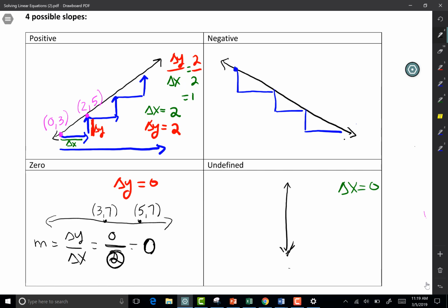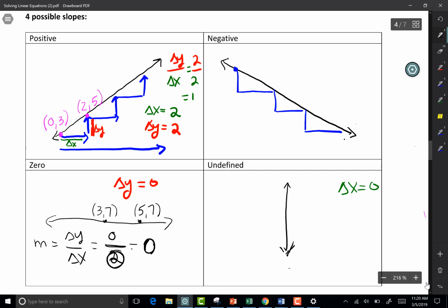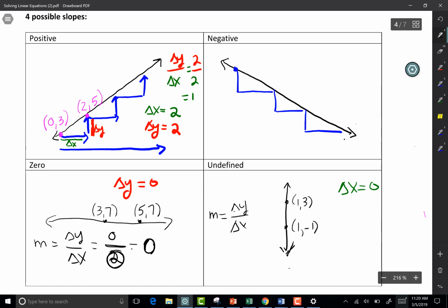Okay, now here, if I look at the vertical line with an undefined slope, that's my change in y over my change in x. Let me make up 2 points here. Let's say this was the point (1, 3), and let's say this was the point (1, -1). Okay, my change in y, there's a vertical change to go from (1, -1) to (1, 3).